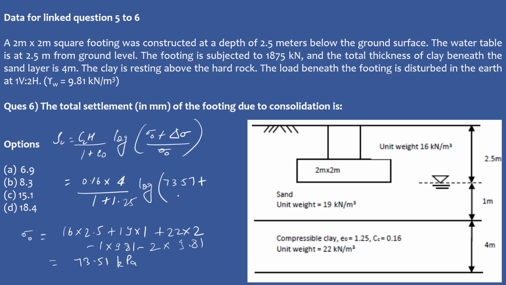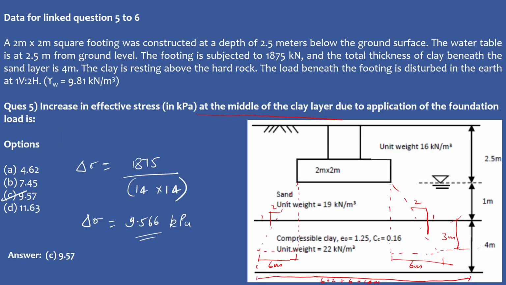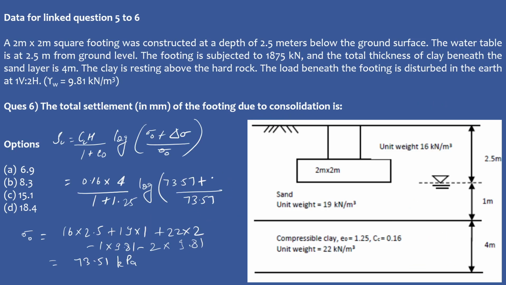So it's log of sigma naught, 73.57, plus your delta sigma, which you have calculated earlier, which is 9.566.